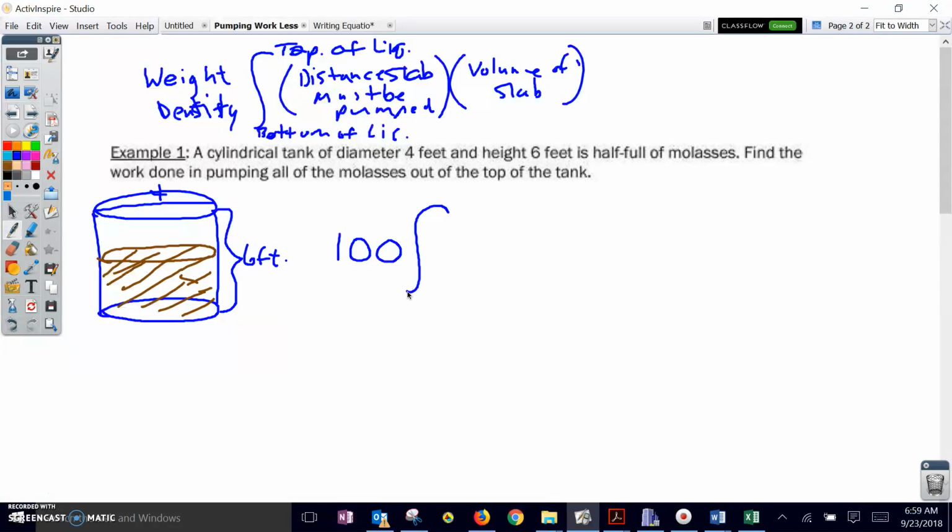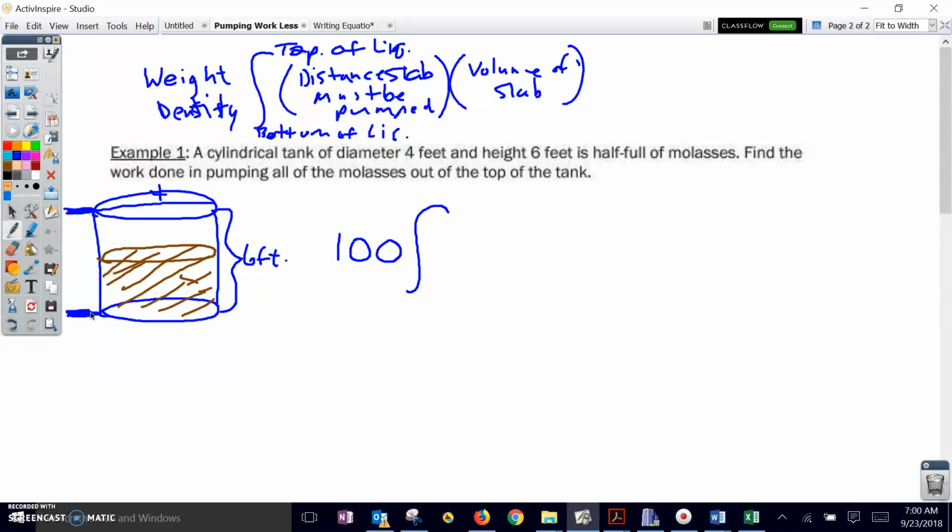And then we're going to integrate from the bottom of the liquid to the top of the liquid. Now we have an option here, and we can set up our coordinate gridding system where we either set up the top as a height of 0 or the bottom as a height of 0. And we usually make that decision based off of which is going to be easier for the particular model.